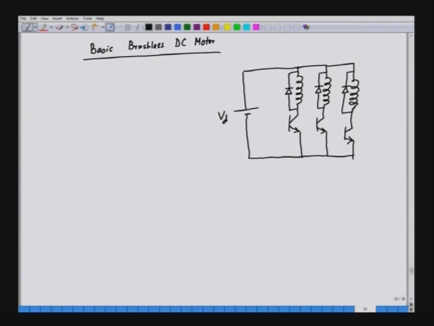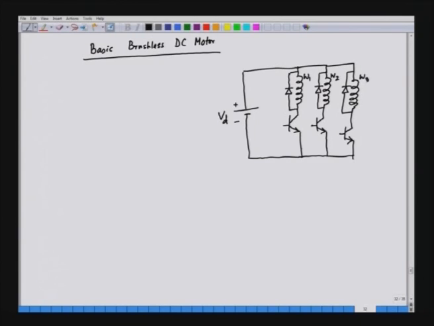This is VD. So, when the transistor is turned on, one of the phases is energized. We can call these phases A, B, C or W1, W2 and W3.